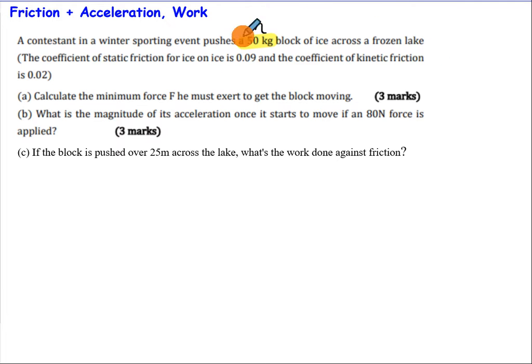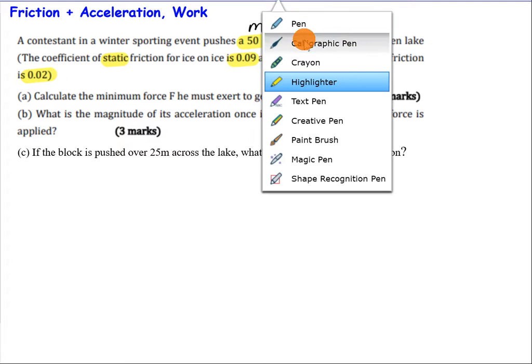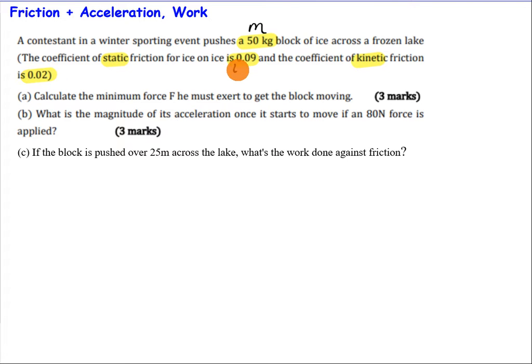So it looks like we're given two different coefficients, a static one, 0.09, and a kinetic coefficient, 0.02. And I'll write the two symbols next to the numbers: mu s for static and mu k for kinetic.